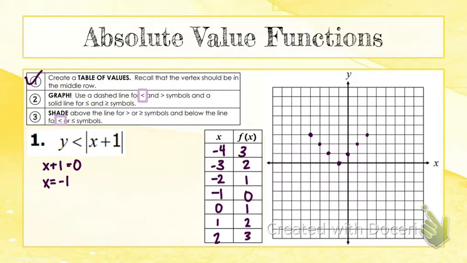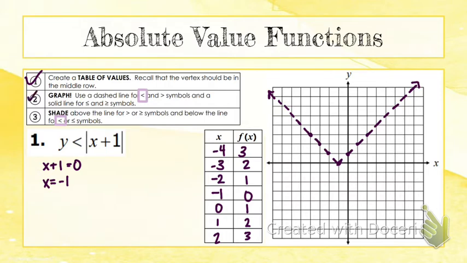Okay, so what the dashed line tells us is that it cannot equal the graph, but it's going to get real close to it. So we're going to draw a dashed line with an arrow at the end, both ways. Oops, got a little crooked there. All right, so this is what our graph looks like so far.